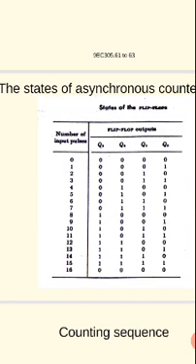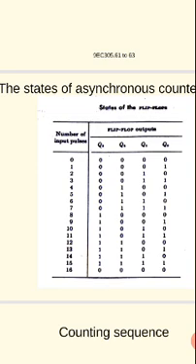For 4, it shows 0 1 0 0. For 5, it shows 0 1 0 1. For 6, it shows 0 1 1 0. For 7th clock pulse, it shows 0 1 1 1.